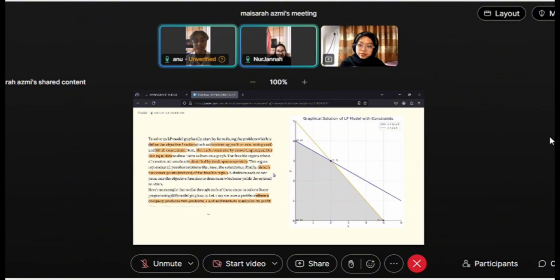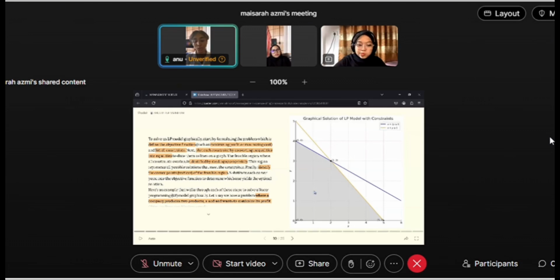The corner points are: 0 and 0, where the axes meet; 5 and 0, where x plus y equals 5 meets the x-axis; 0 and 4, where x plus 2y equals 8 meets the y-axis; and 2 for x and 3 for y, where the two lines intersect.